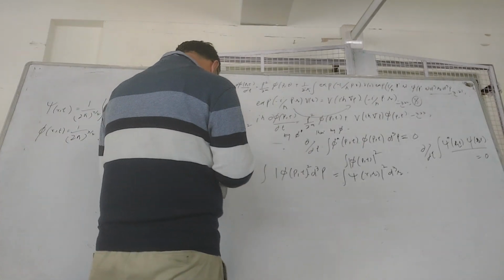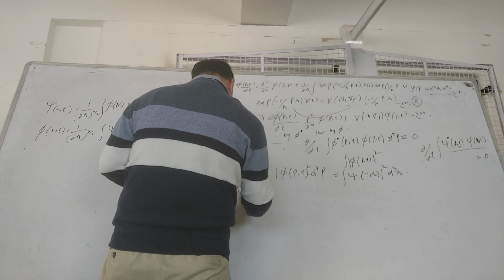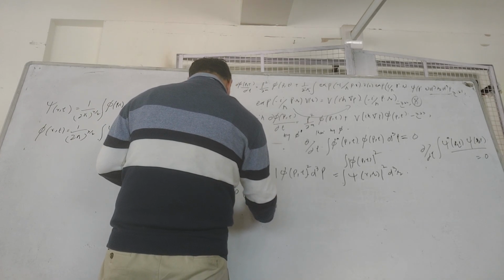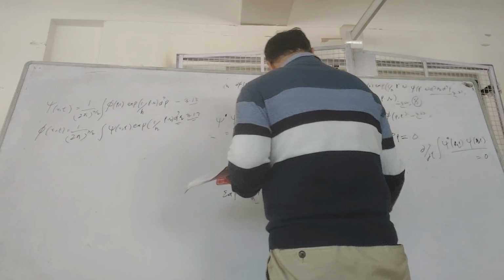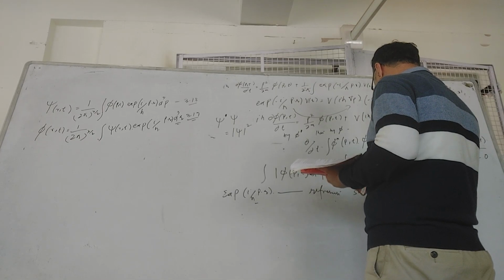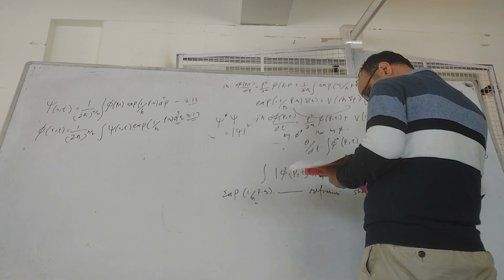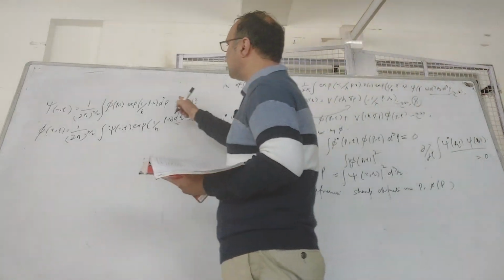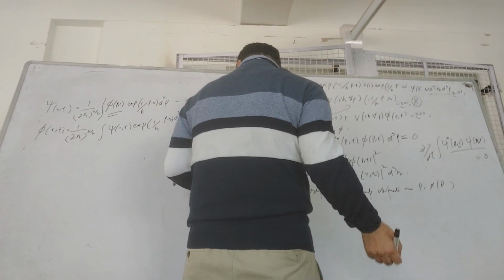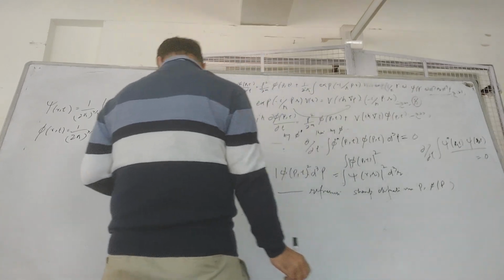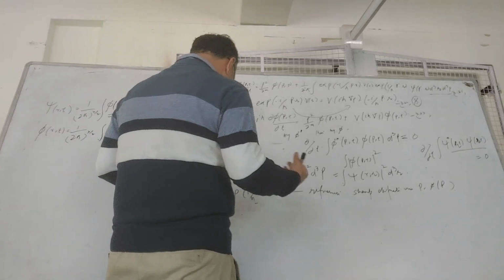So since exponential of iota h by p dot r represents a sharp definite momentum, P phi of P according to this equation. And this is the amplitude, and phi is also strongly peaked.